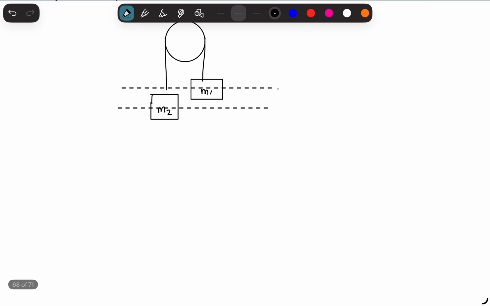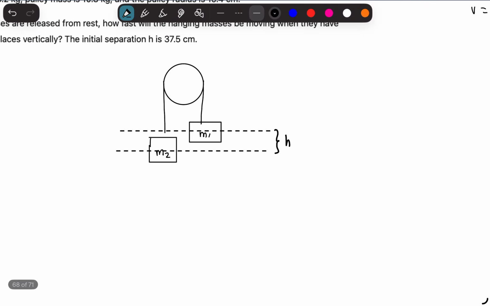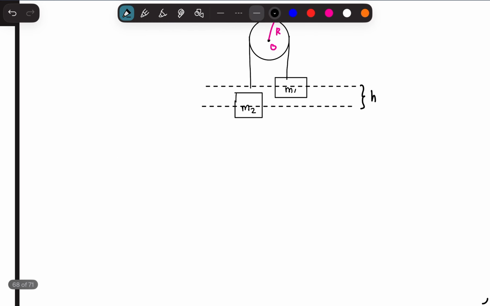They go through the center of masses. This is going to be your height. Center is O. That is your radius.